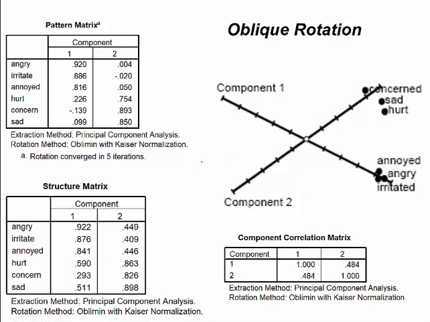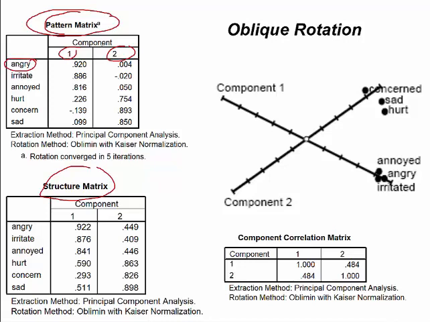Now at this point, though, my pattern matrix and my structure matrix are no longer the same thing, because my pattern matrix gives me the effect of component 1 or factor 1 predicting scores on items, controlling for factor 2.